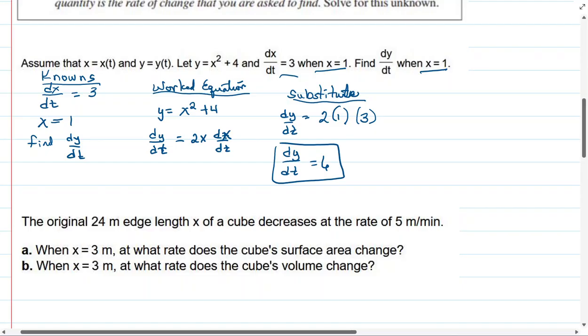How are we doing? All right. Okay. Now remember what I said. I said in related rates, everything is related to time.